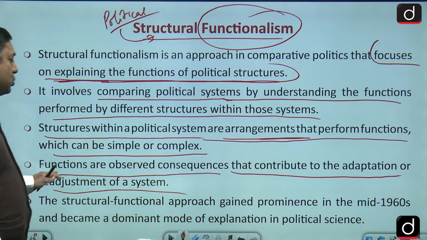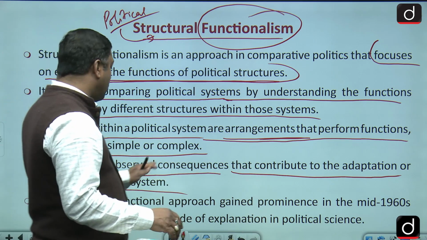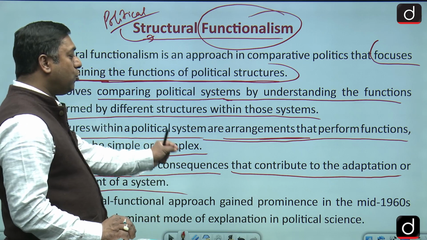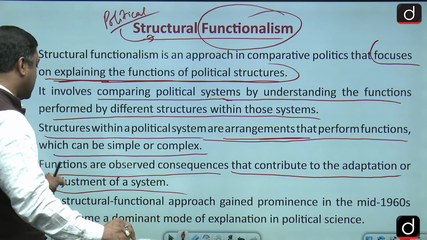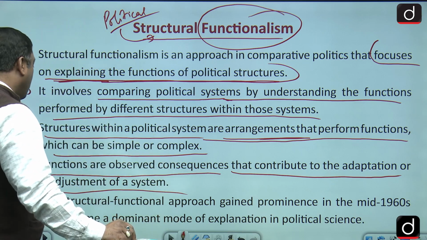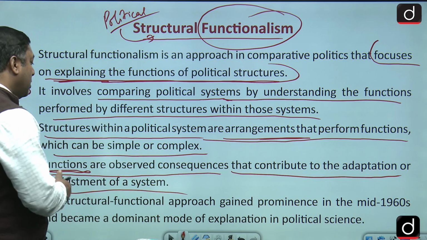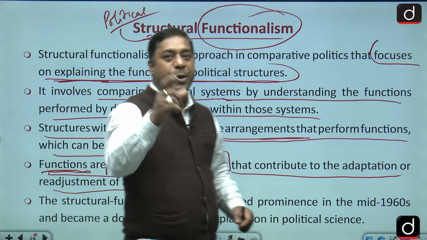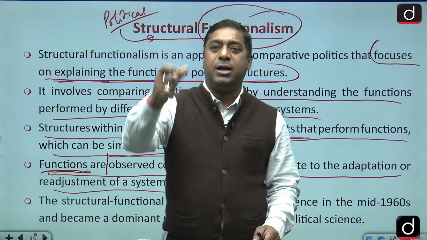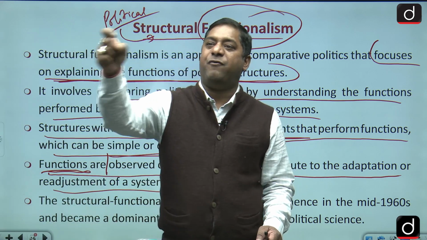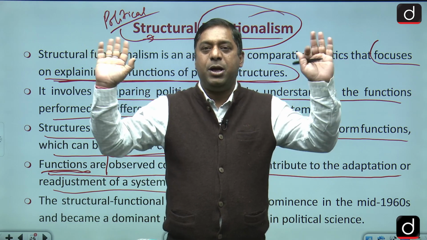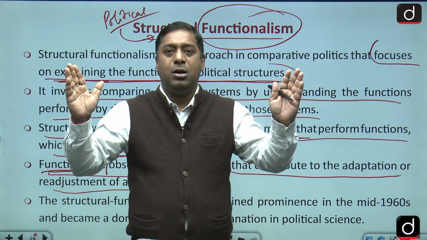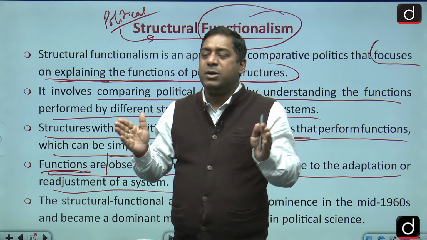So functions जो भी हैं, they are observed consequences that contribute to the adaptation or readjustment of the system. That means whatever functions they are talking about, these functions are observed consequences. That means if a political structure is performing a function, देखो प्लीज ध्यान से सुनना, स्ट्रक्चरल फंक्शनलिज्म क्या कह रहा है?